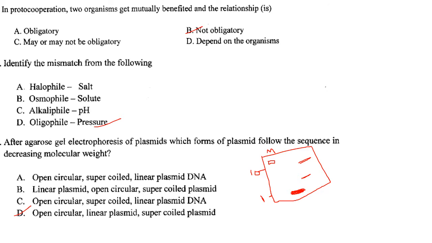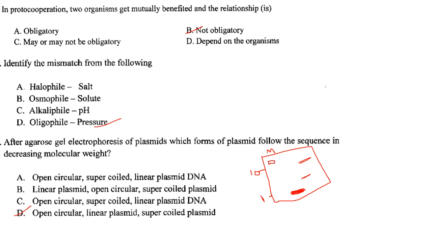Open circular is one in which only a single stranded cut is made, not both the strands are cut. Now in the case of linear, both the strands are cut with the restriction endonuclease, so they will be linearized plasmid. That will be over here, and open circular will be over here.